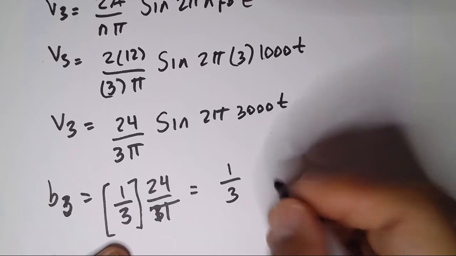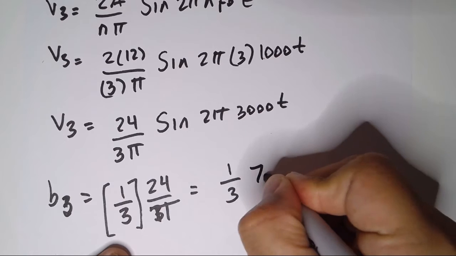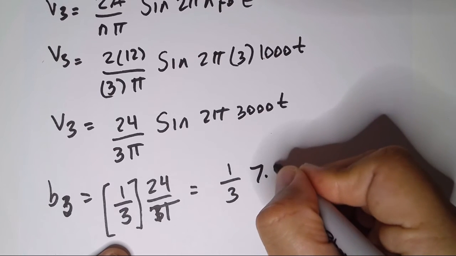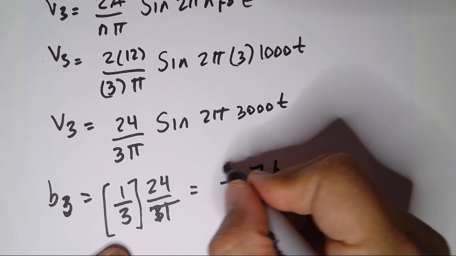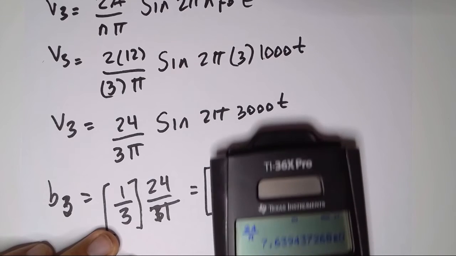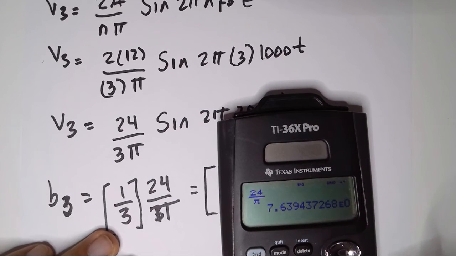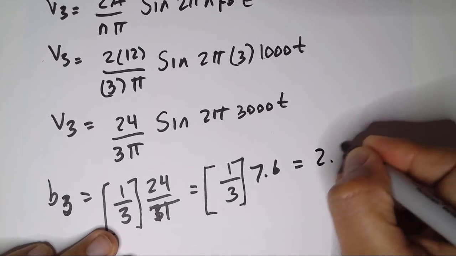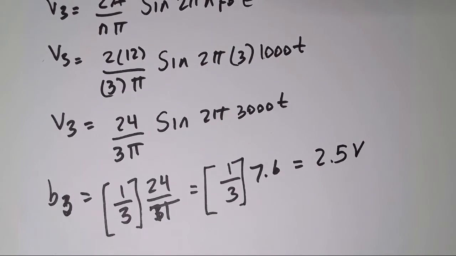So for the third harmonic, the amplitude will be 7.6, 1/3 of that, which, let's use our calculator, is equal to 2.5. Let's round it off to 2.5 volts, third harmonic.